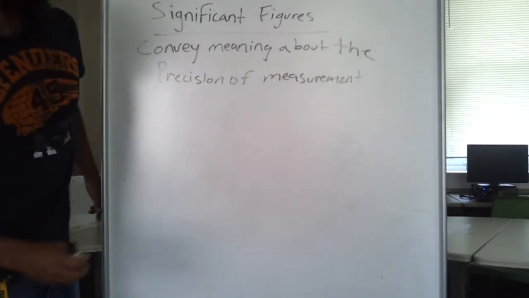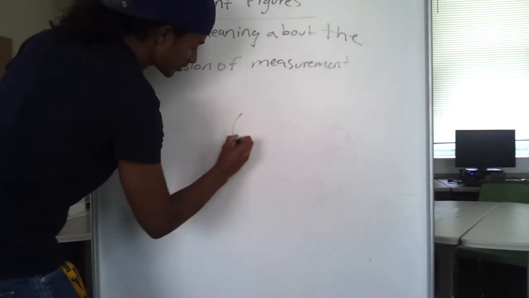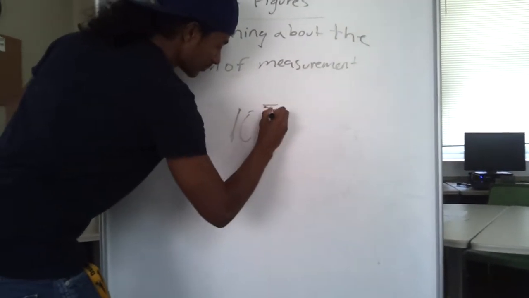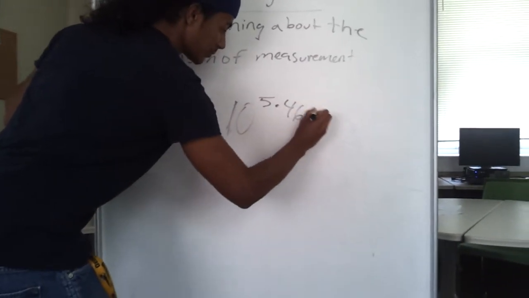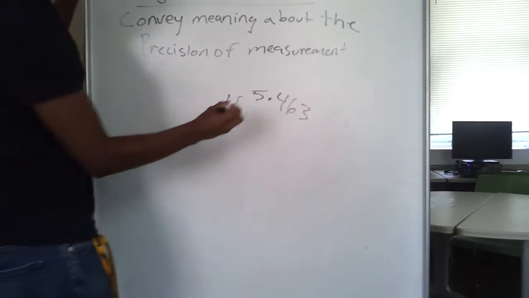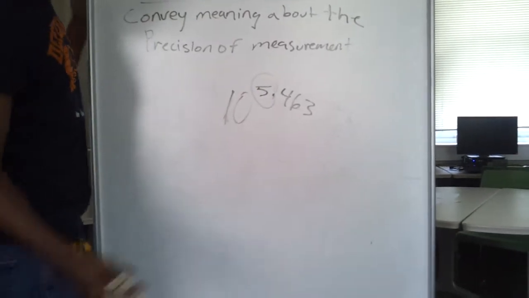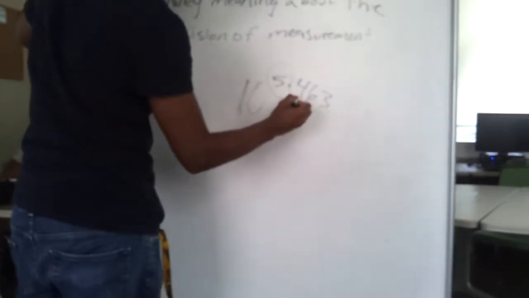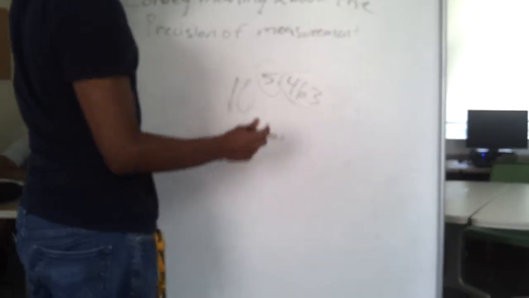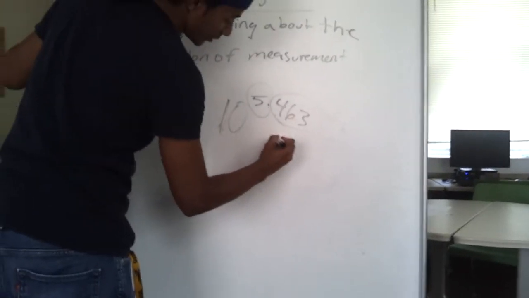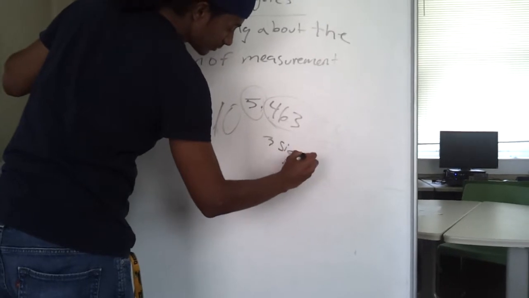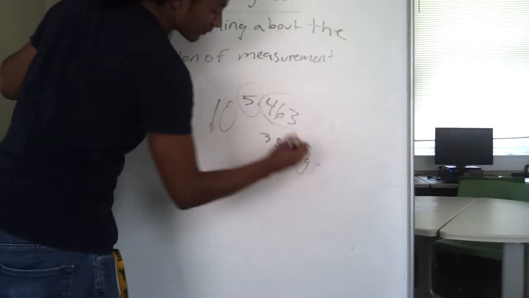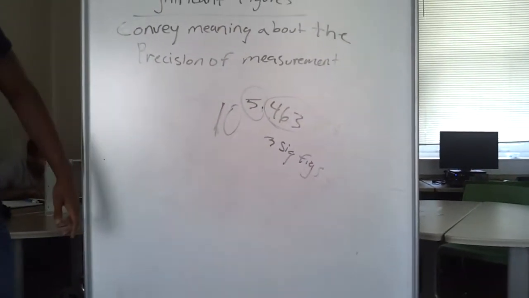Now we're working with exponents. The first number, which is a characteristic, will not be considered, just like the logs. And the last 3 numbers, in this case, will be the significant figures. So you have 3 significant figures in this example.